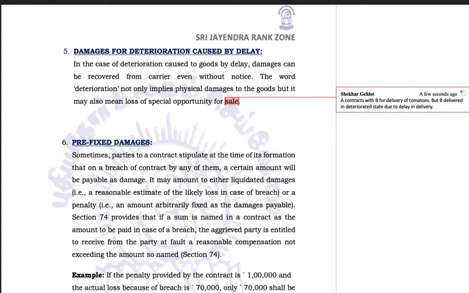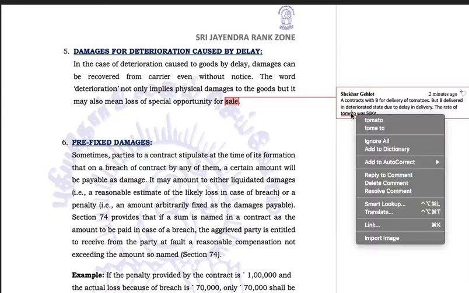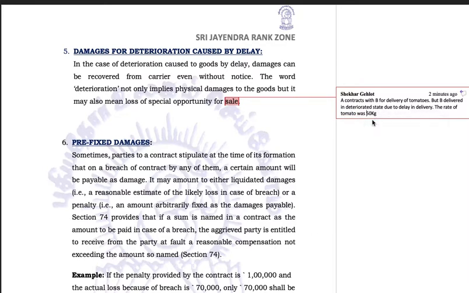Now when B purchased the tomatoes, the purchase rate for tomato was 50 rupees per kg.